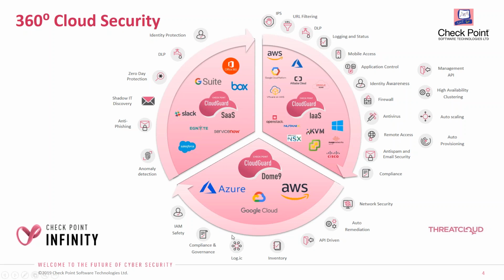A new module that was released about 2 weeks ago is Logic, which Shona mentioned. Logic is a module that consumes log files from cloud services, brings them into a central point, and basically gives you the ability to very quickly get a view on what's going on in your cloud environment.